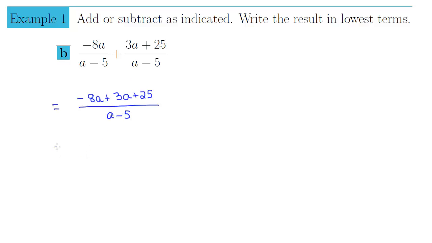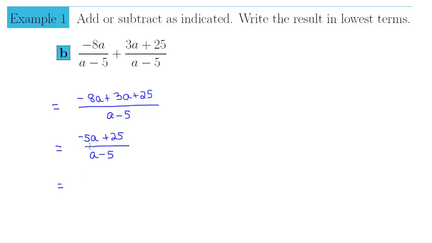Good so far? Next we simplify by combining like terms. Negative 8a plus 3a gives us negative 5a plus 25 in the numerator, all over a minus 5. Now, we might be tempted to start canceling things right away, but remember, to reduce to lowest terms, we first have to factor. So let's factor the numerator.